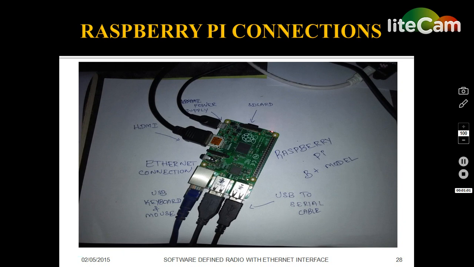This Ethernet connection is realized using an Ethernet cable which connects the LabVIEW based GUI in the PC, and which is connected with the Ethernet port of 100 megabits per second here. Then we have 4 USB ports here, and we have connected USB devices like keyboard and mouse, and also we have a USB to serial cable which is interfaced with the PIC transceiver node. We are using Raspberry Pi model B+.